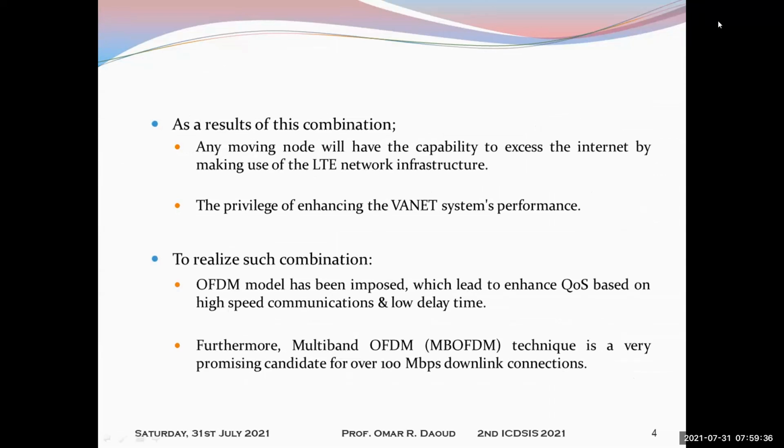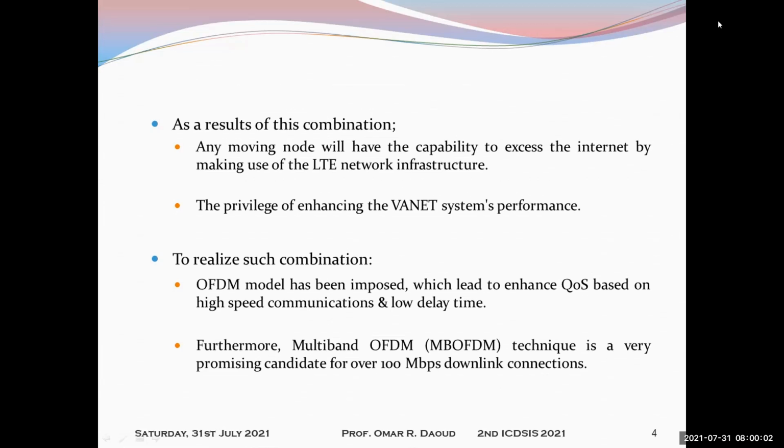As a result of this combination, any moving node will have the capability to access the internet by making use of the LTE network infrastructure. The privilege of enhancing the overall system performance will be attained at the end of this work, and hopefully we will reach results comparable to the literature ones.